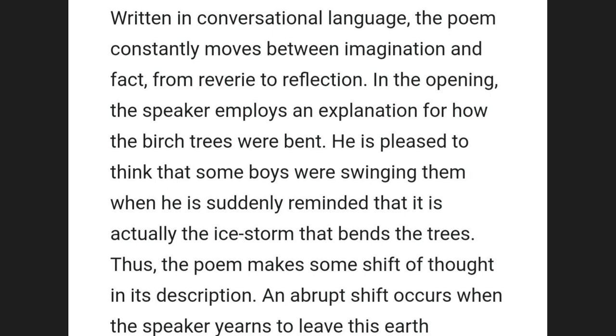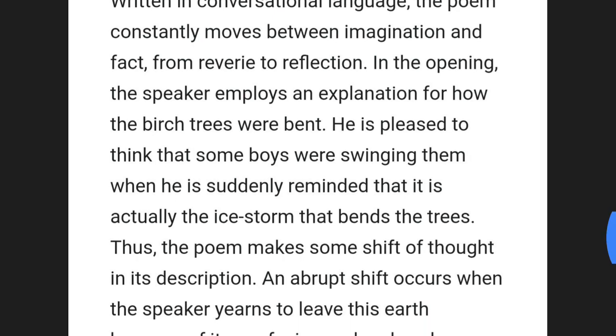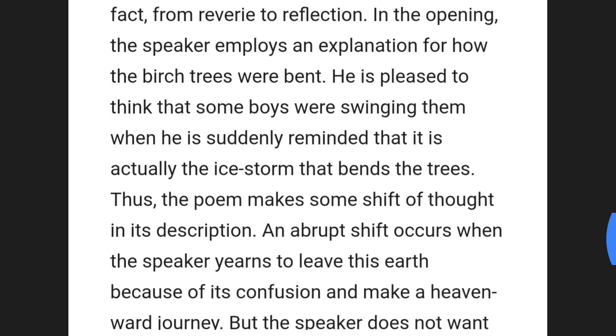In the opening, the speaker employs an explanation for how the birch trees were bent. He is pleased to think that some boys were swinging them, when he is suddenly reminded that it is actually the ice storm that bends the trees. Thus, the poem makes some shift of thought in its description.